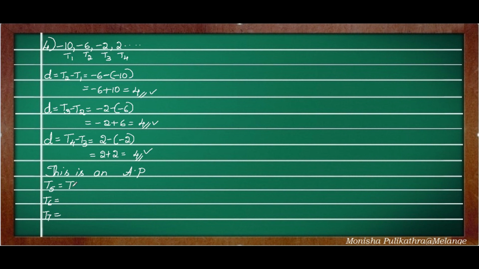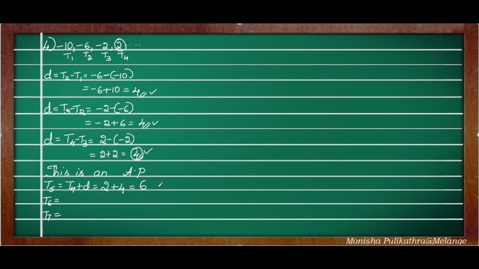T5 means previous term plus common difference, that is T4 plus D. So what is T4 here? T4 is 2, so write T4 as 2 plus the common difference 4. So 2 plus 4 is 6.